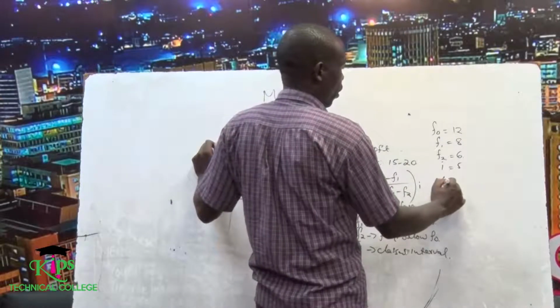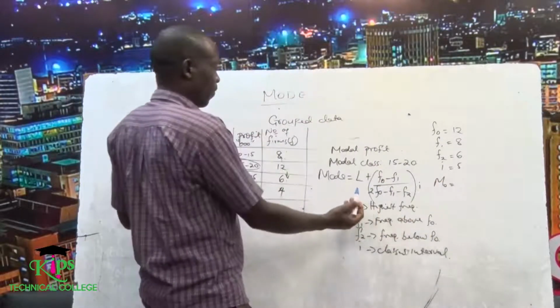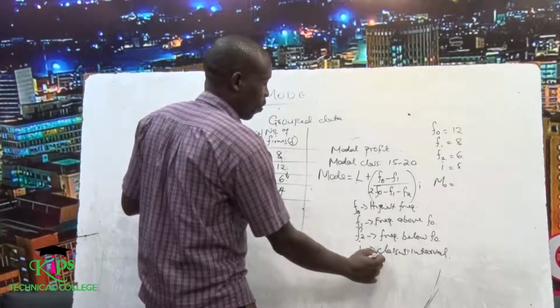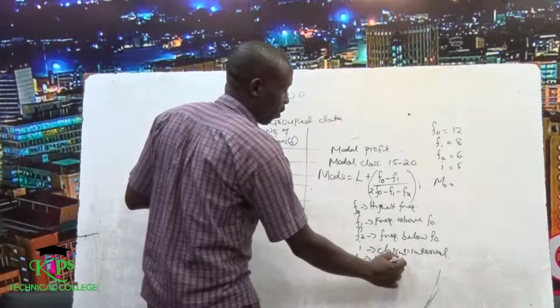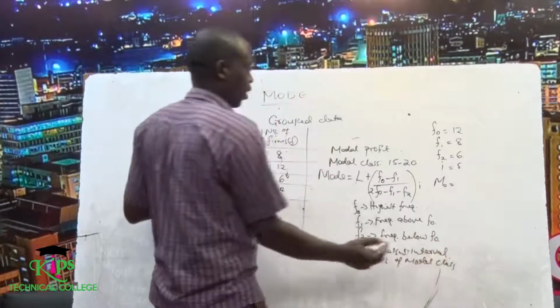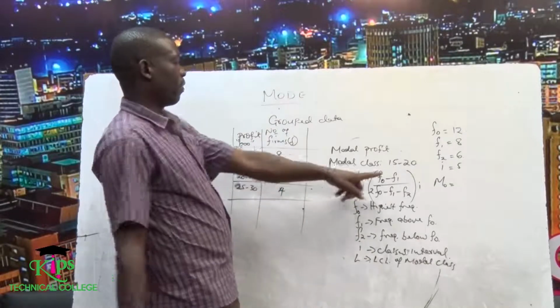So our mode in this case will be given by what? L is the lower class limit of the modal class. So in this case, our L will be 15.